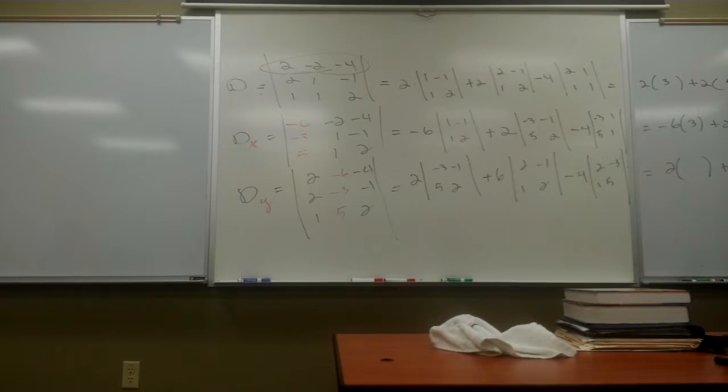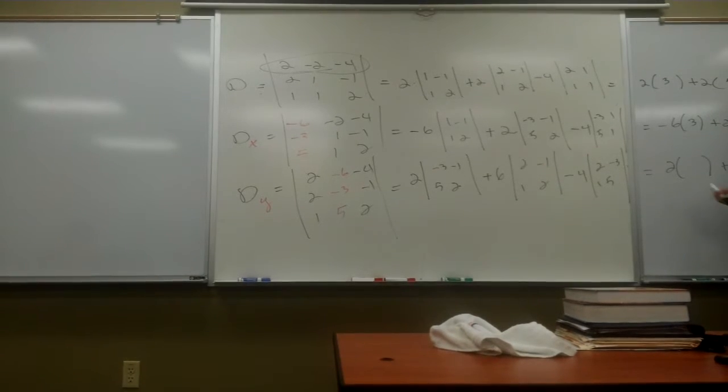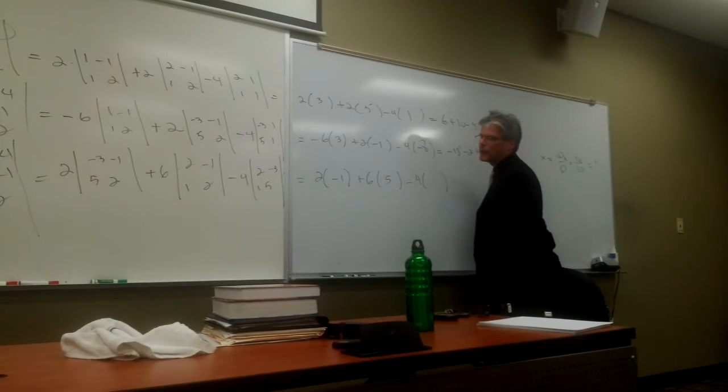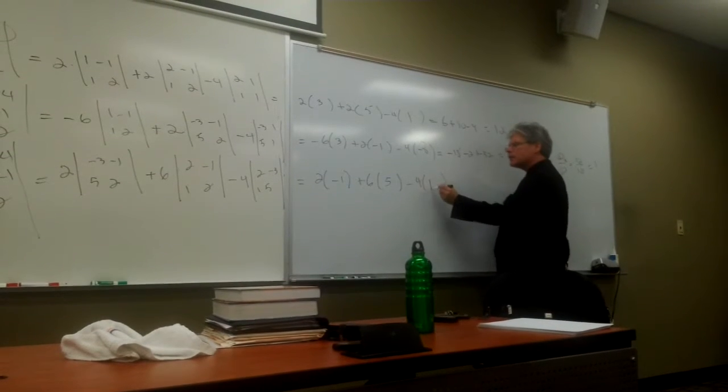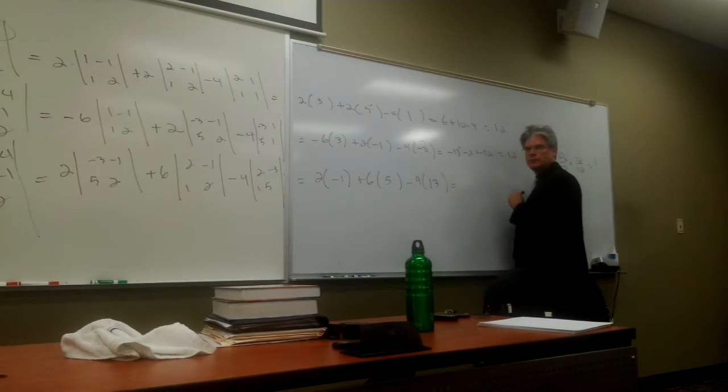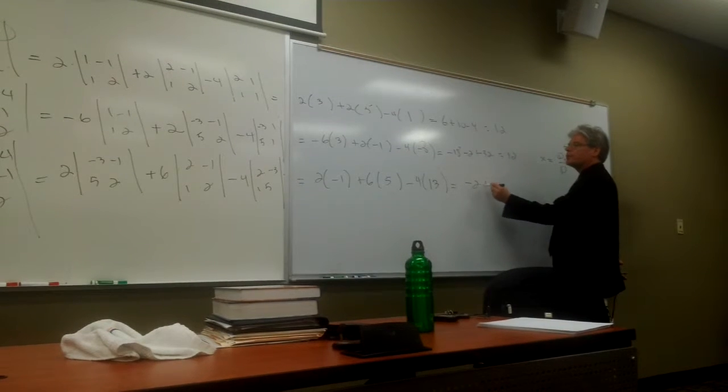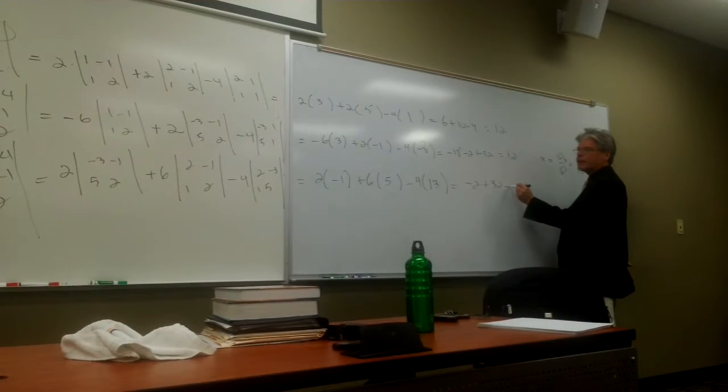Let's talk about the somethings. I think the somethings here are going to be, is that a -1? Is that a 5? And is that a 13? Give me a -2 plus 30 minus, yikes, I don't know, is that a 52?